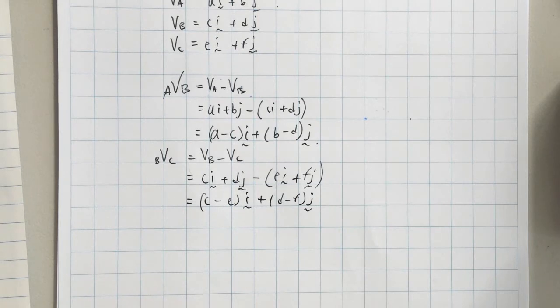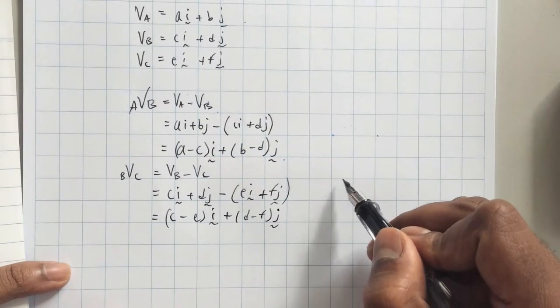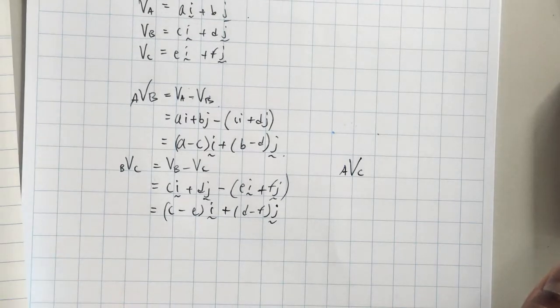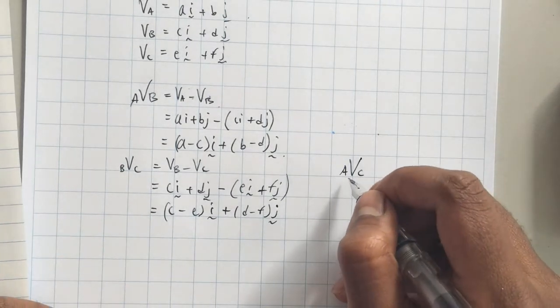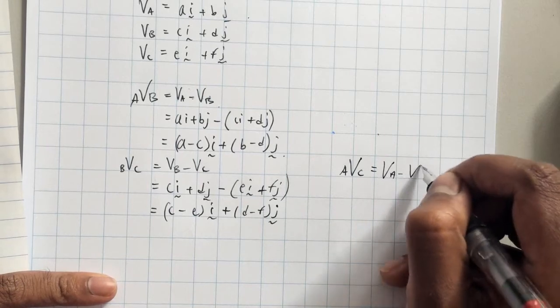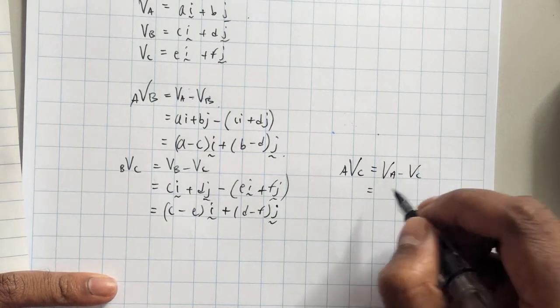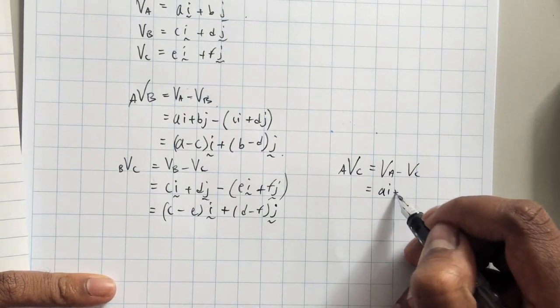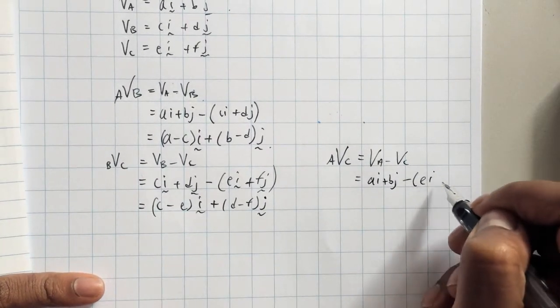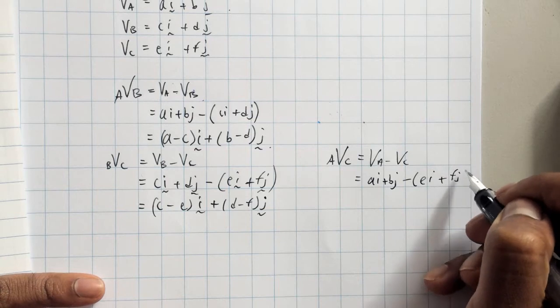Now my last bit. What is the velocity of A relative to C? Well, that's going to be VA take VC. So once again, I've got AI plus BJ, and I'm going to take EI plus FJ.